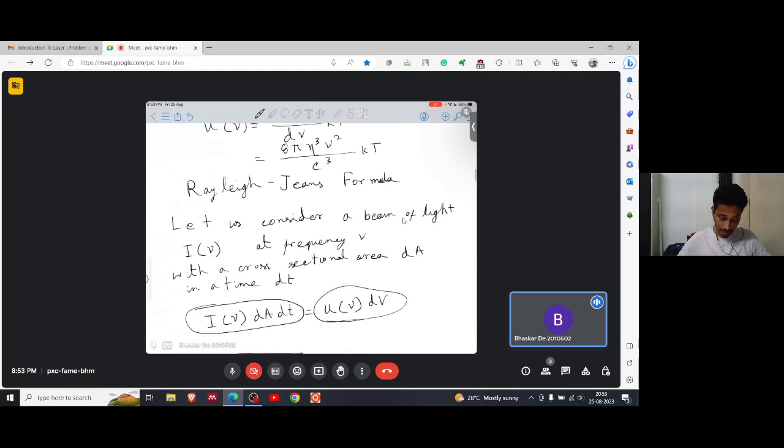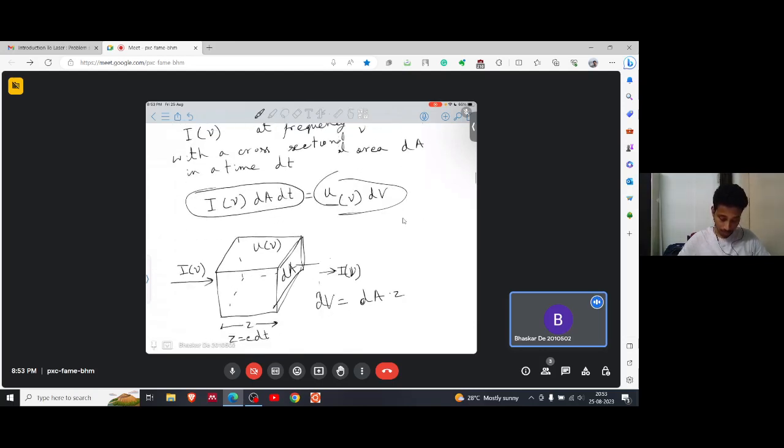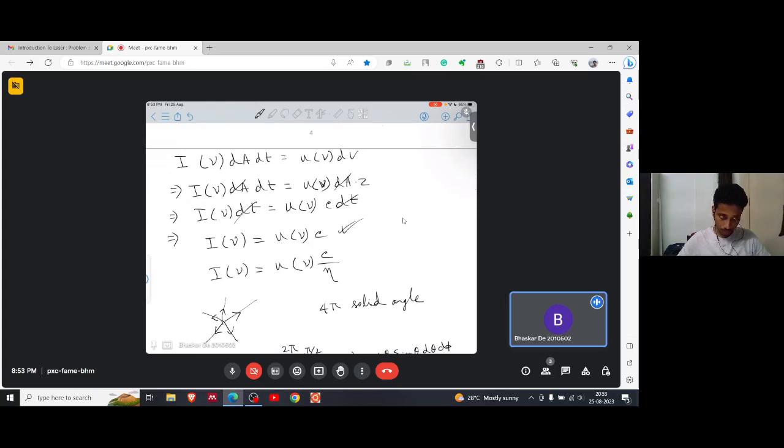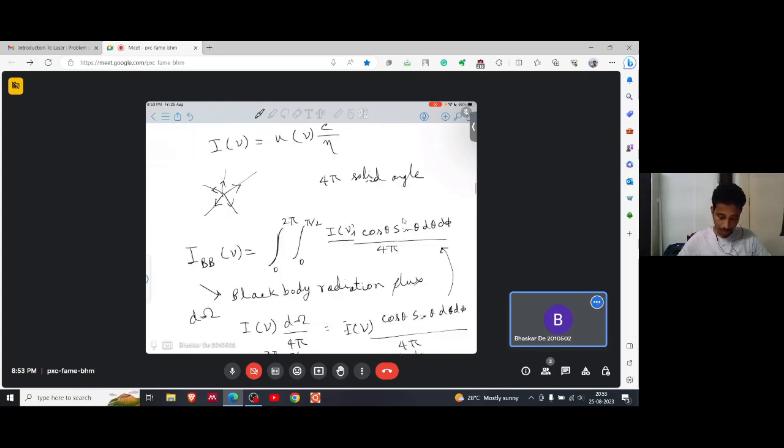From there we derived the Rayleigh-Jeans formula. Then we used the intensity, that is u nu multiplied by c by eta.